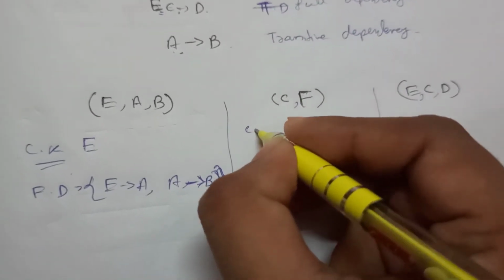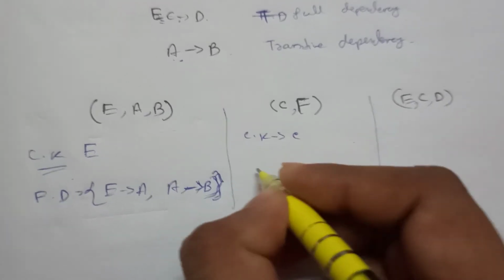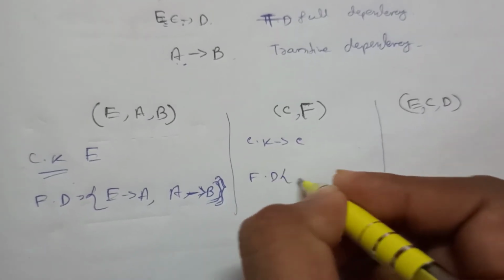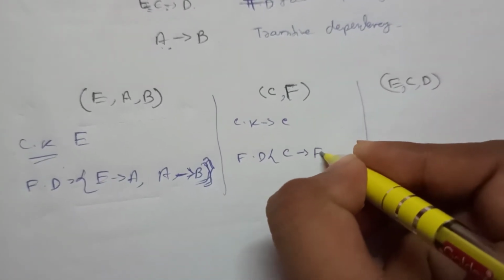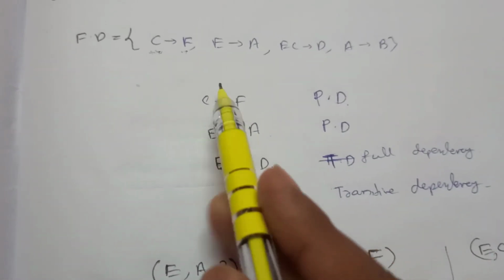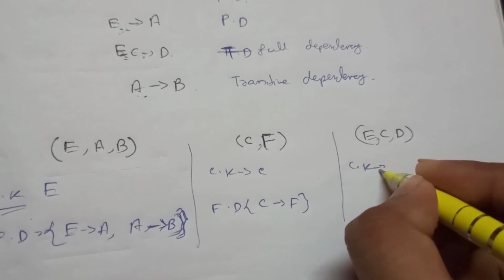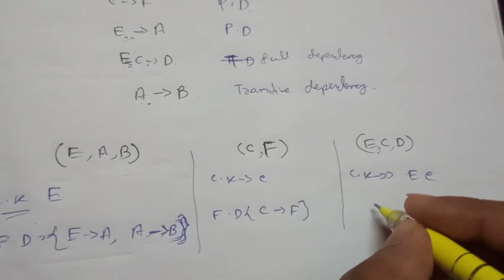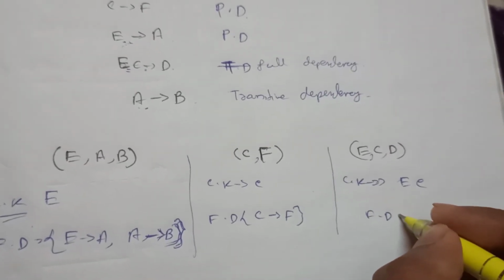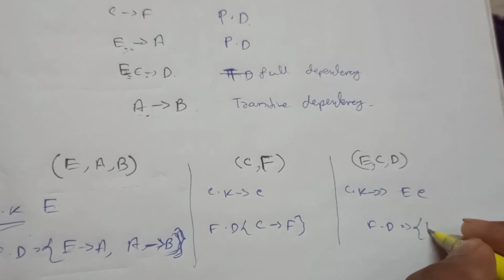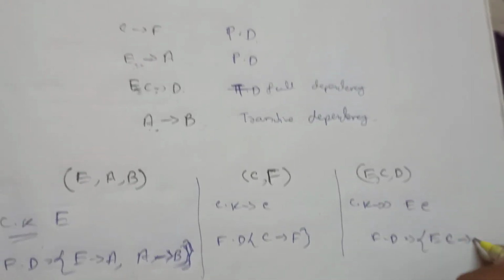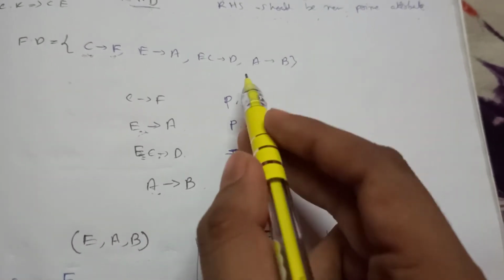Also here the candidate key is C, and the FD is C can determine F, this one from our actual table. And here the candidate key is EC together, and the functional dependency is EC can determine D. Okay, this one.